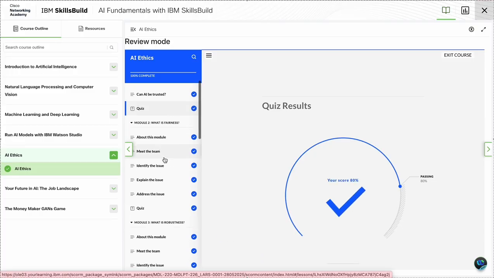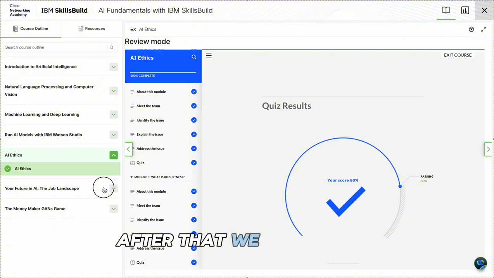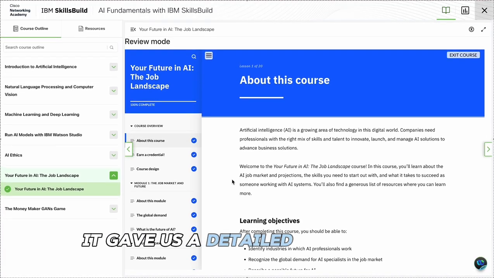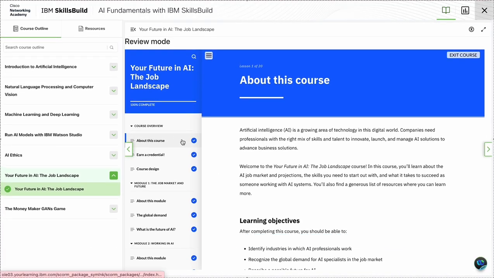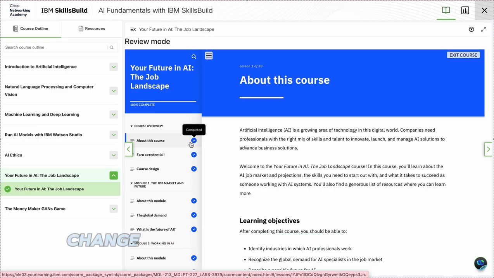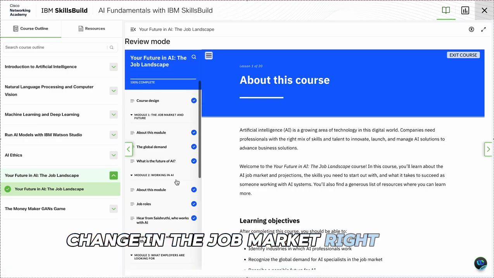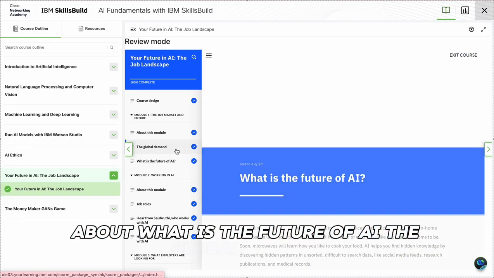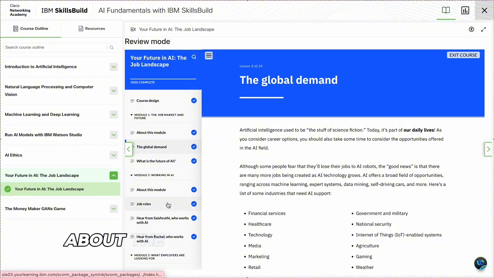After that, we moved on to Your Future in AI, the job landscape. It gave us a detailed breakdown of how artificial intelligence is changing the job market right now, what the future of AI is, the global demand, and the job roles.